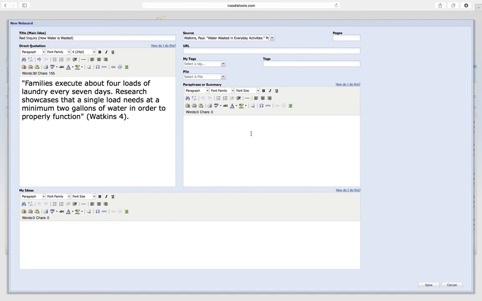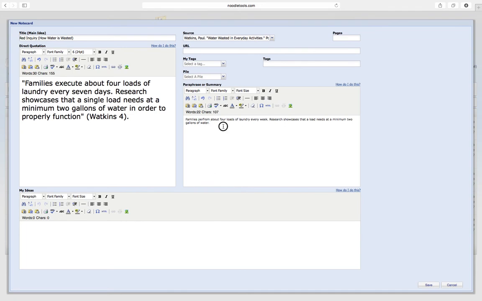Let's say I start typing for my paraphrase, families perform about 4 loads of laundry every week. Research showcases that a load needs at a minimum 2 gallons of water.